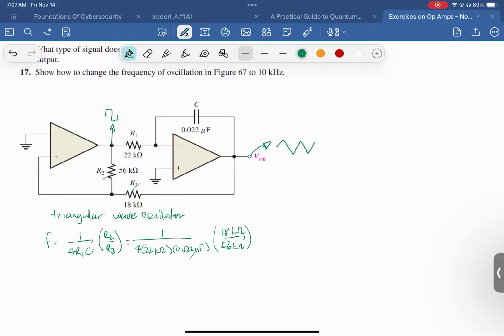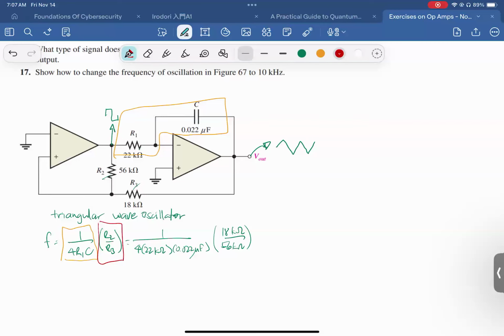Madali lang na maintindihan ito equation na ito. Actually, ito yung resonant frequency, dahil dito sa feedback capacitor at saka dyan sa R. And this is nothing but your sort of voltage divider.